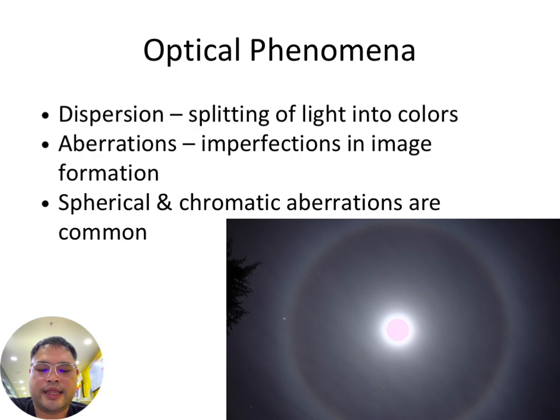There are two main types. Spherical aberration, where light rays at the edge and center don't meet at the same point. Chromatic aberration, where different colors focus at slightly different spots. These phenomena are minor in the eyes but still important in optical science.